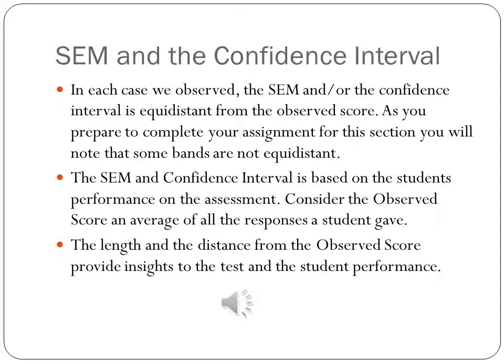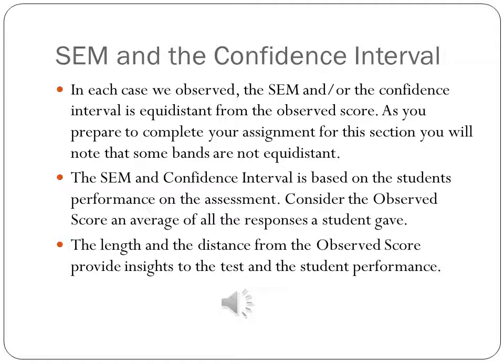In each case we observed so far, the standard error of measure and the confidence interval were equidistant from the observed score. In the case of the MAP scores, it was 125 plus or minus 3 or 2.9. But as you prepare to complete your assignment, understand that this may not always be the case.